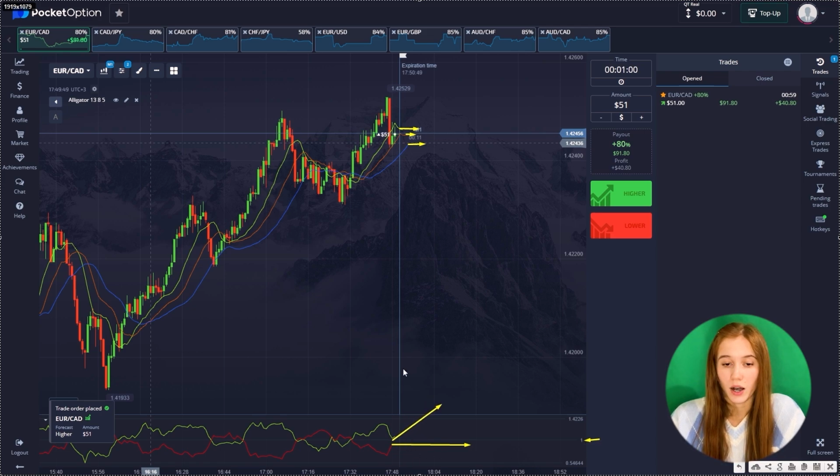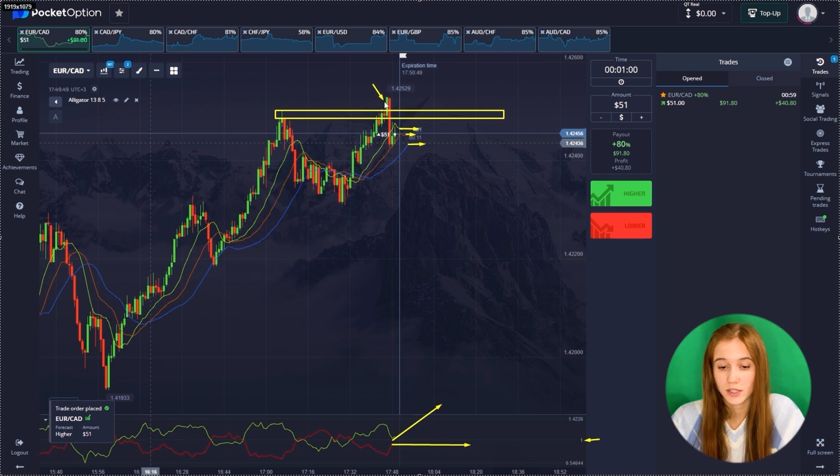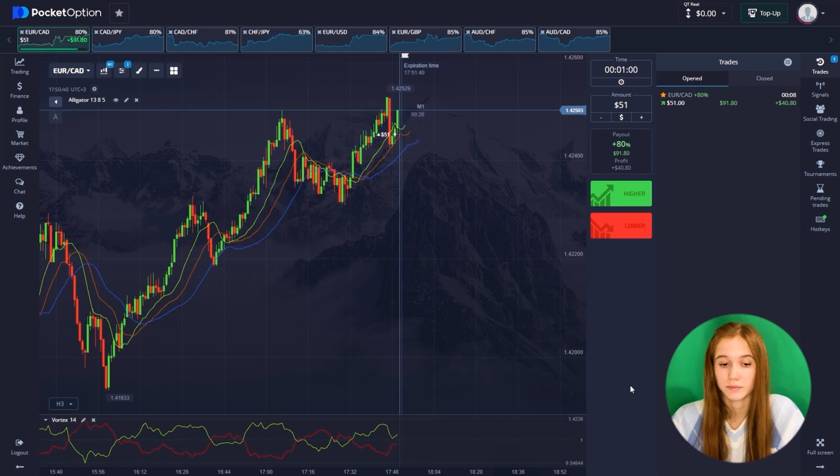Next we look at our indicator Vortex, and resistance level, we reached it. 6 seconds left until the end of the deal.